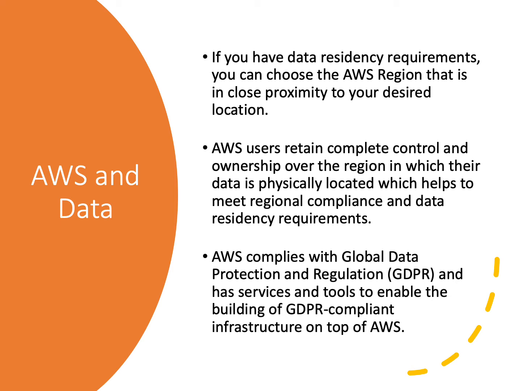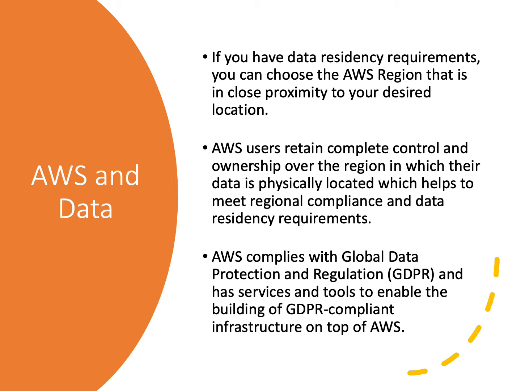So with AWS, if you have data residency requirements, in other words, if you're worried about where the data is, so maybe you want to provision it very close to where your users are, you want to make sure that you can comply with whatever region you're dealing with. If your data is physically located somewhere, you're going to have to figure out whether you can meet these compliance and data residency requirements.